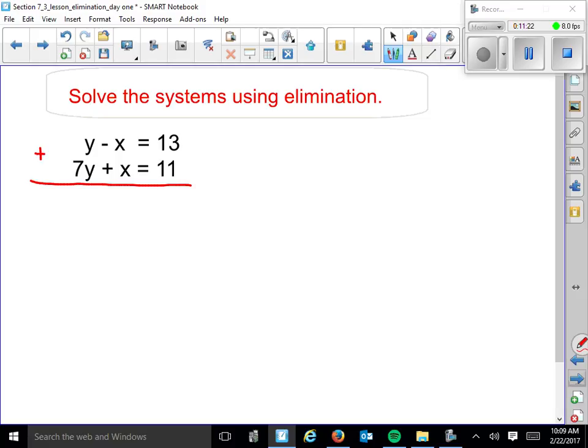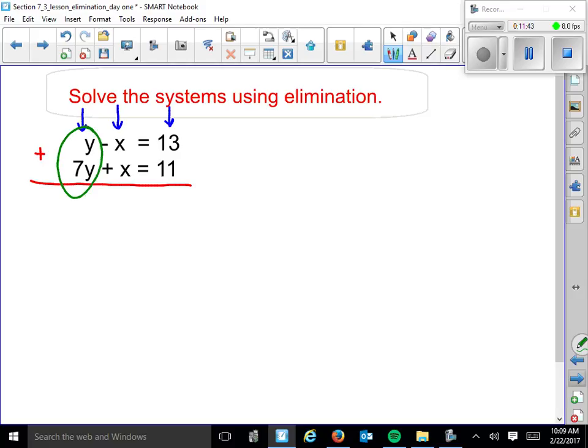So when I said standard form, it's okay if it's not in the form ax plus by equals c, as long as our y's are lined up, our x's are lined up, and our constants are lined up.